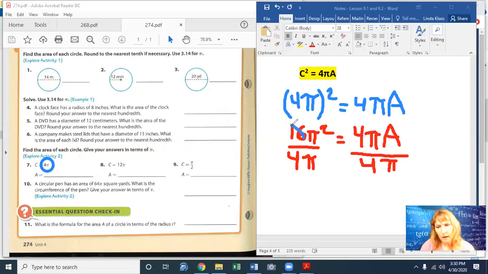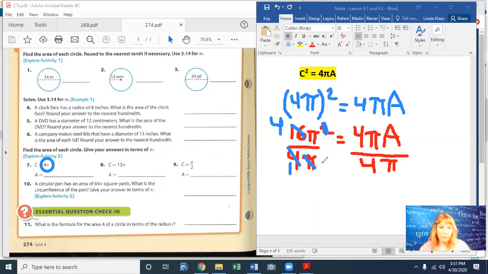So 16 divided by 4 is 4, and the 4 divided by itself is 1. Now look at the pi situation that we have going on. We have 2 pi's up here and 1 pi down there. If we divide the pi on the bottom by 2 of the pi's on the top, this pi goes away and this pi becomes just 1 pi.